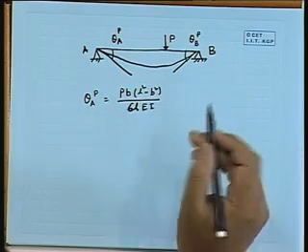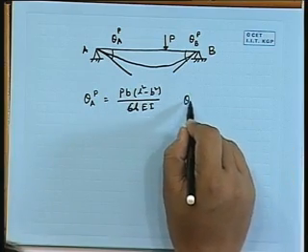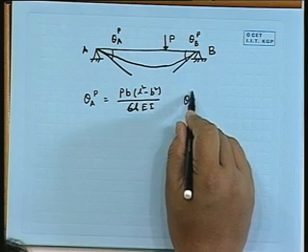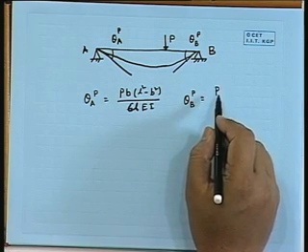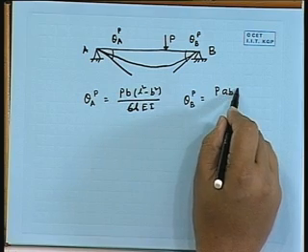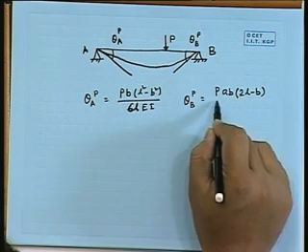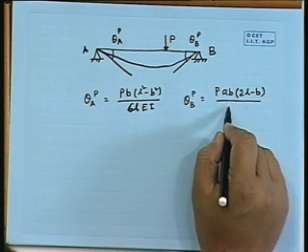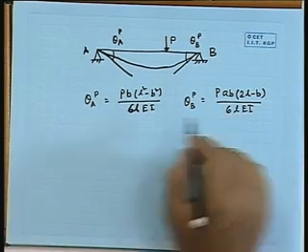Now theta B due to the P, that part is P A B (2L minus B) divided by 6 L EI. Right.